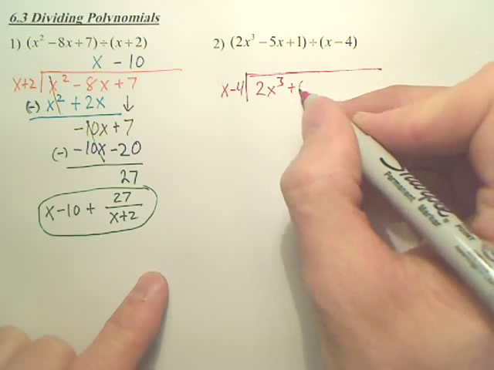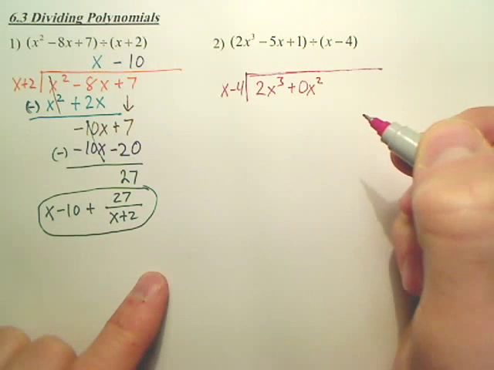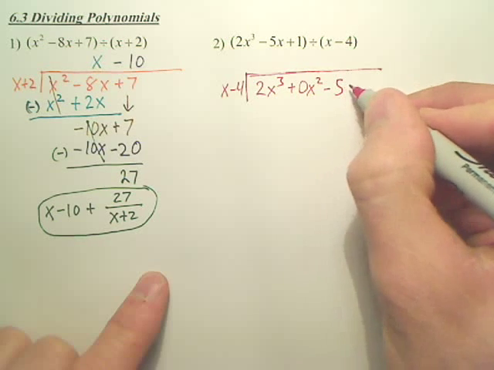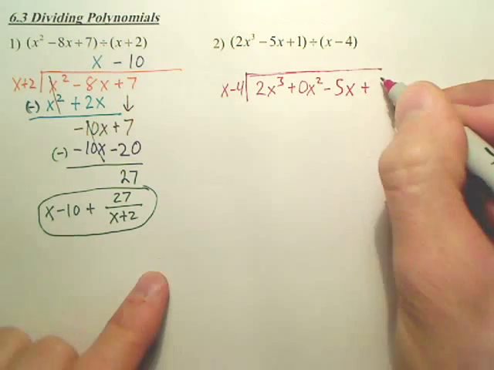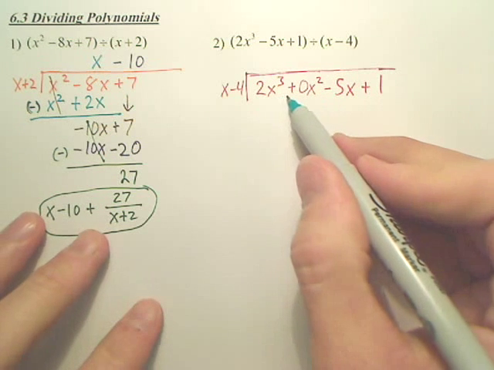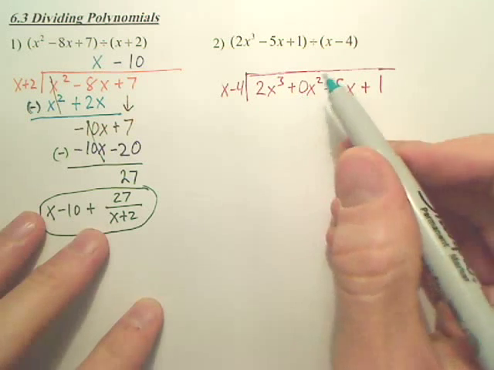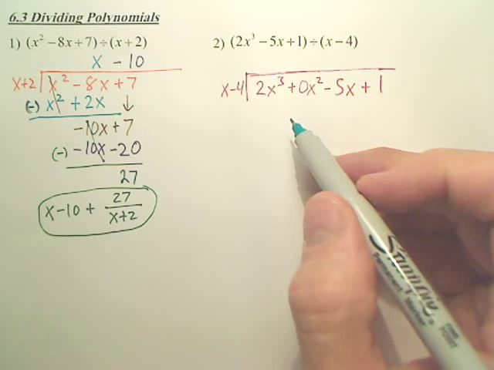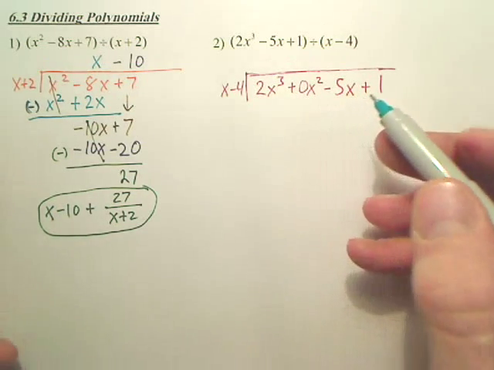So what I'm going to do is insert 0x squared because I need the column. I still need the column, so I have to insert a 0. So again, you need columns for each piece. If you're missing a certain term in the sequence, you need to put a 0, which gives a place value but doesn't exist.